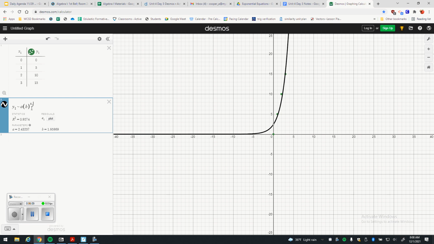So put that in. Everybody have that in? In box 3, I want you putting something else in. Watch this. Type in y1, squiggle, mx1 plus b. I want you to put both of them in.